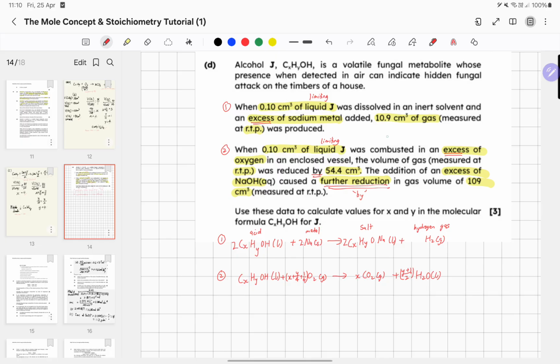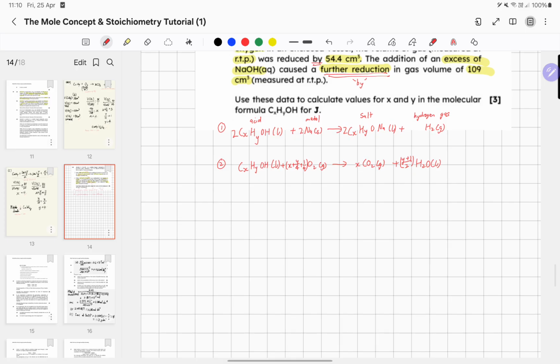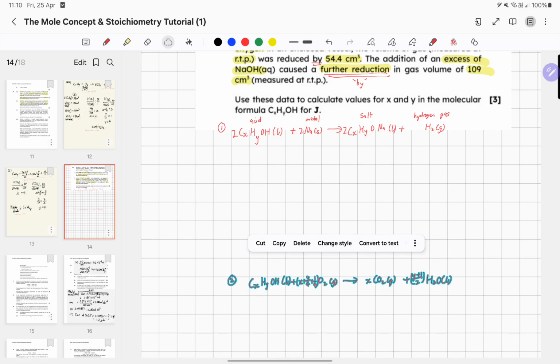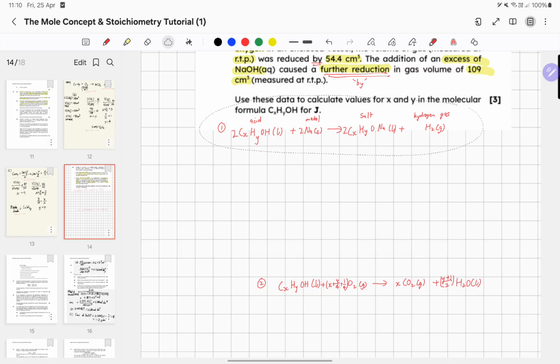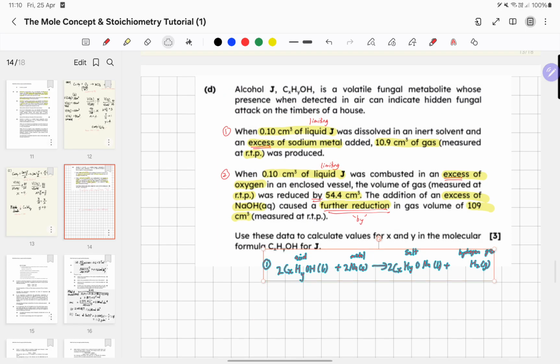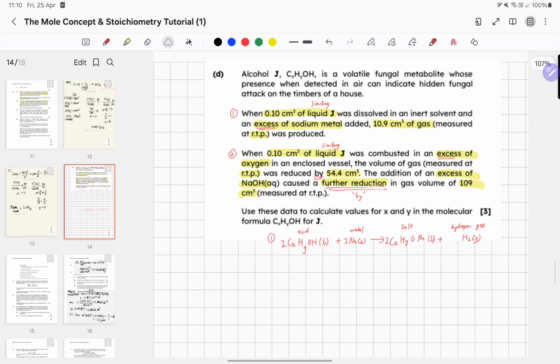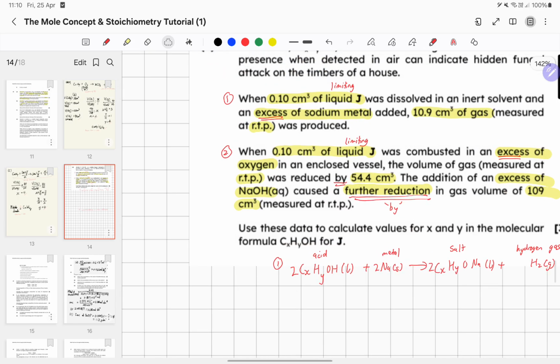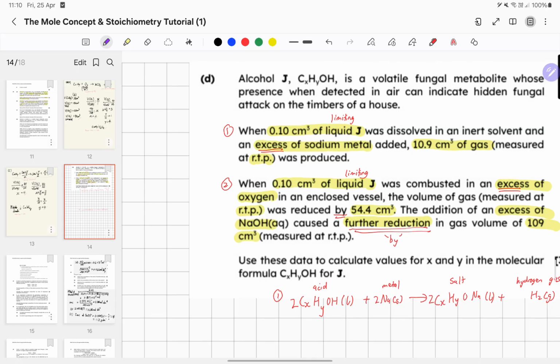We know that the volume of hydrogen... Actually, before I carry on with applying the formulas, I want to let you know there are two important key factors in this question that you must take note of. They are very special for this question and not seen in other questions.